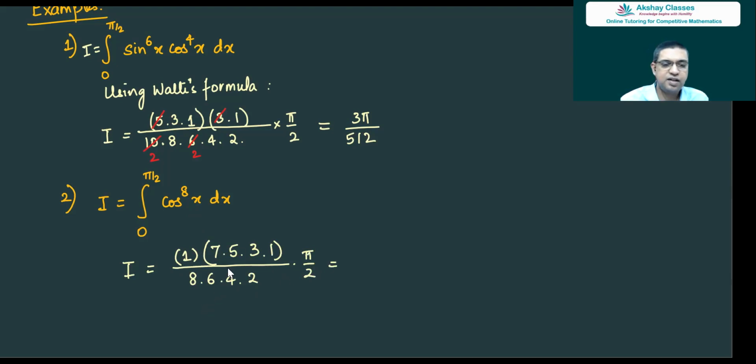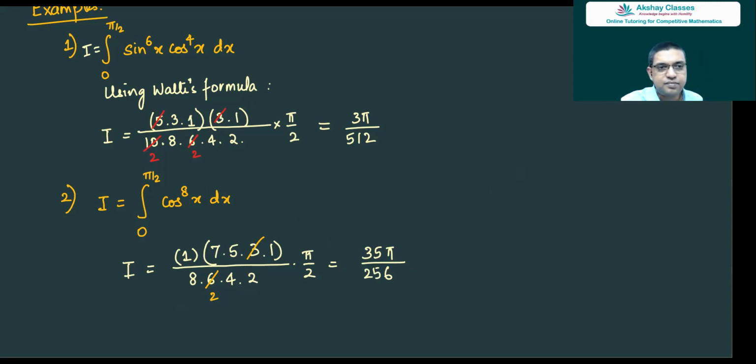So again, 3 strikes 6, giving 2. Then we have 7 into 5, 35 pi upon 8 into 8, 64, 2's 128, 2's 256. So 35 pi upon 256.